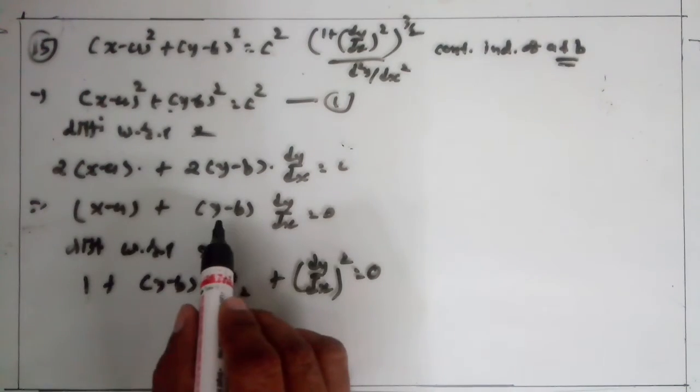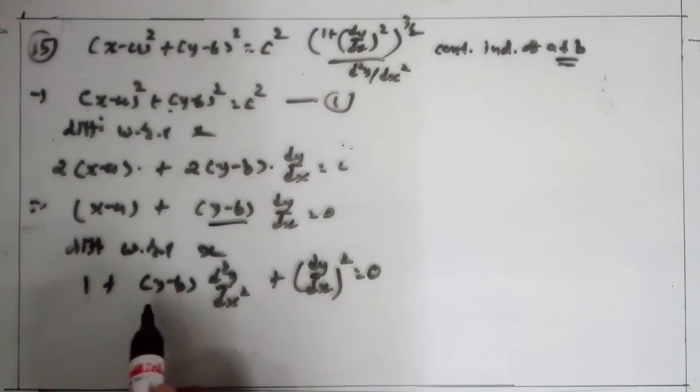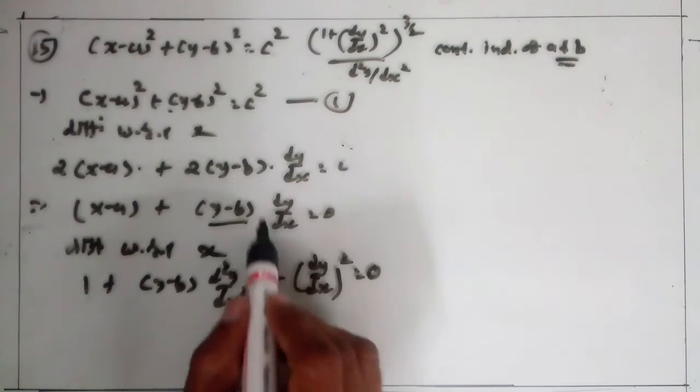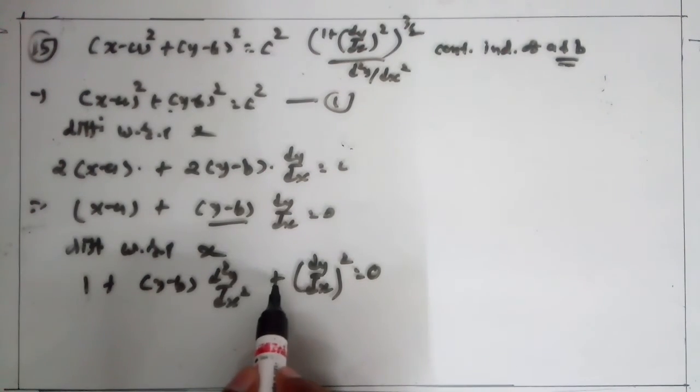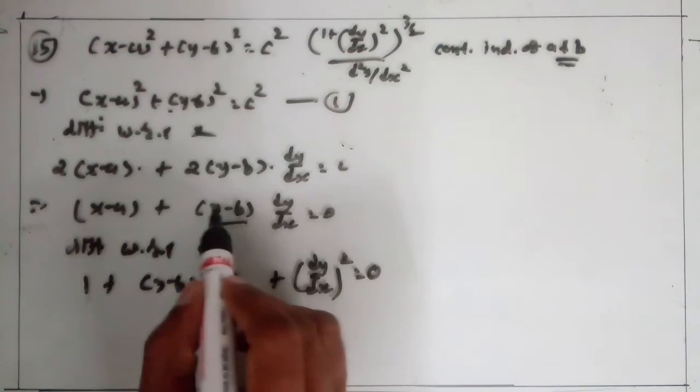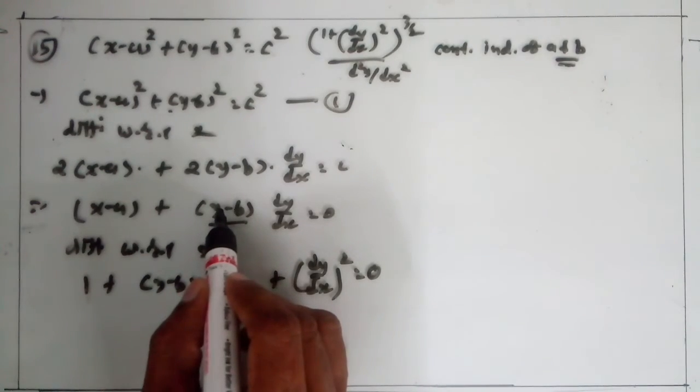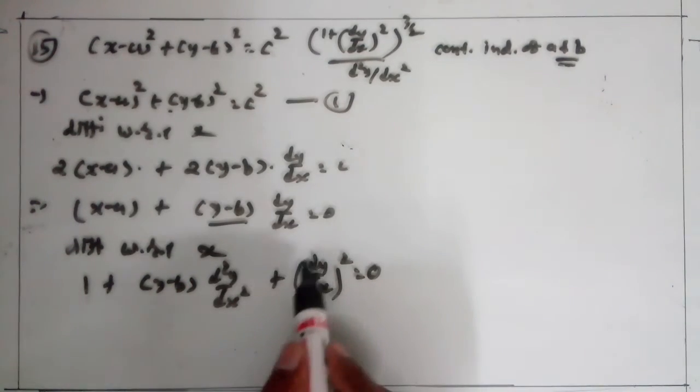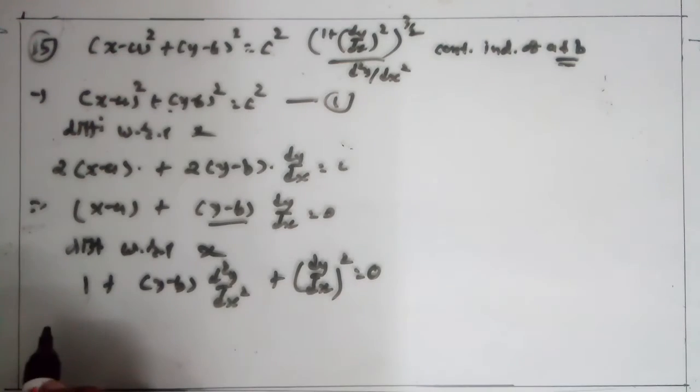Clear? First, (y − b) into the derivative of the second term, d²y/dx², plus dy/dx into the derivative of this, dy/dx. So dy/dx into dy/dx becomes (dy/dx)².